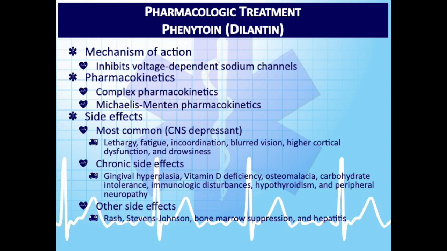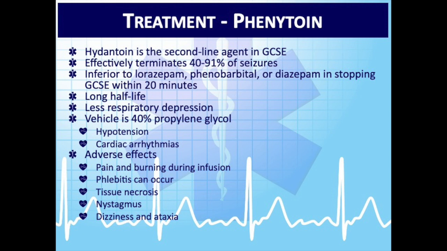In somebody who doesn't have any phenytoin on board or Dilantin, it's pretty easy to give them a dose. Usually your dose is anywhere from 15 to 20 milligrams per kilogram. It's usually given IV. It has a lot of problems with irritating veins, so you want to make sure you have a really good vein, a really good flushing vein.